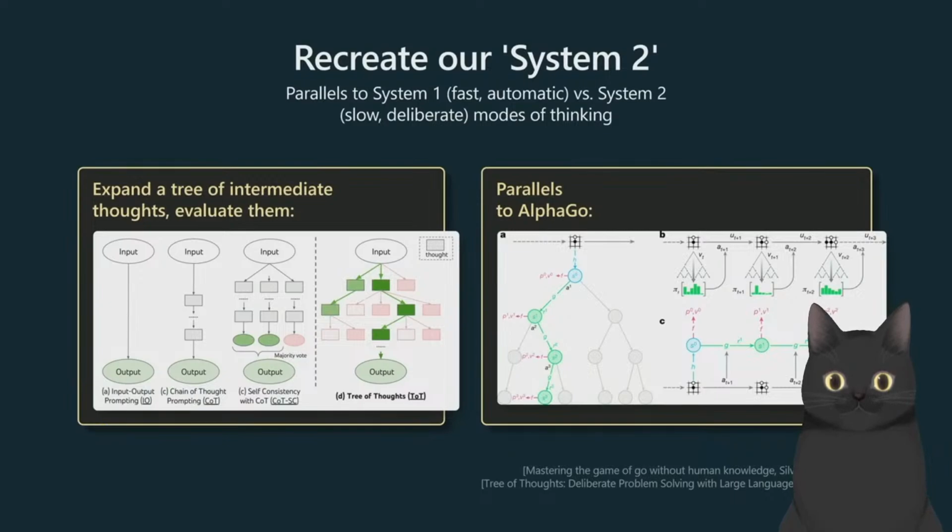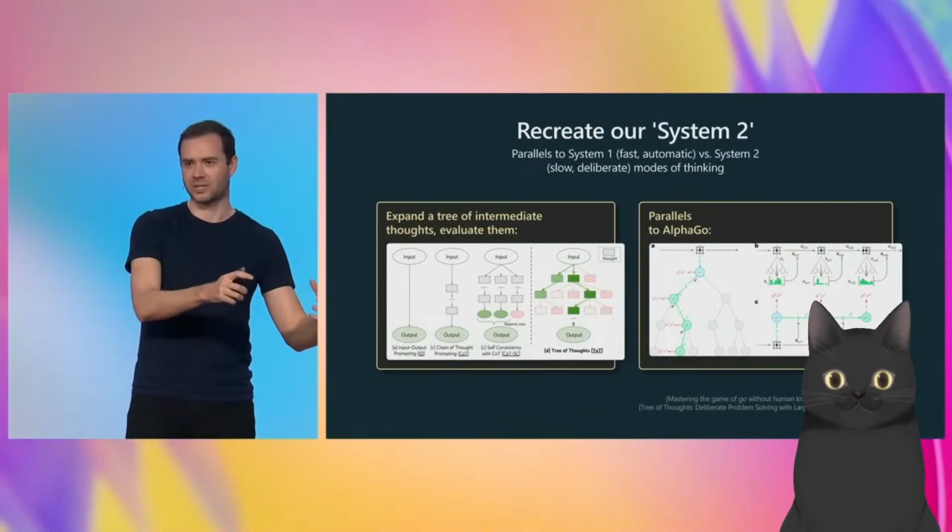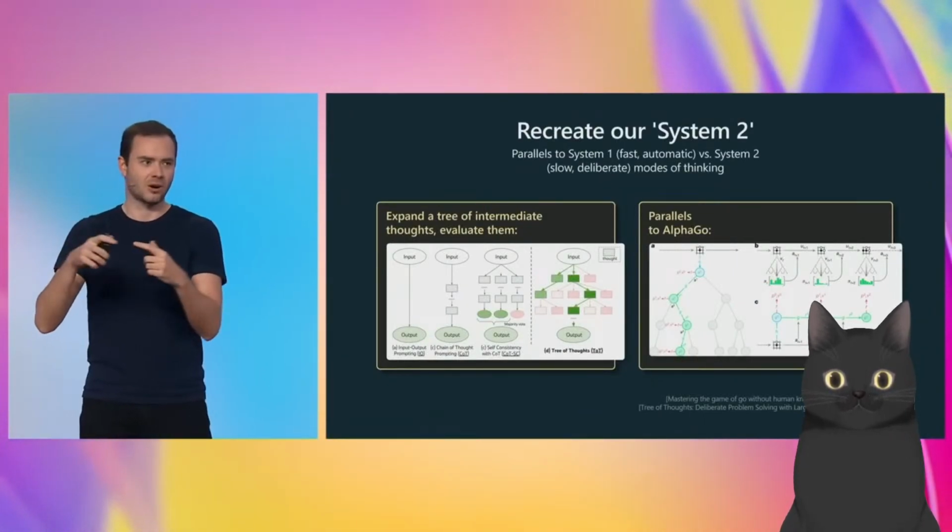Now, one thing I would like to note here is that this is not just a prompt. This is actually prompts that are used together with some Python glue code, because you actually have to maintain multiple prompts, and you also have to do some tree search algorithm here to figure out which prompts to expand, etc. So it's a symbiosis of Python glue code and individual prompts that are called in a while loop or in a bigger algorithm.